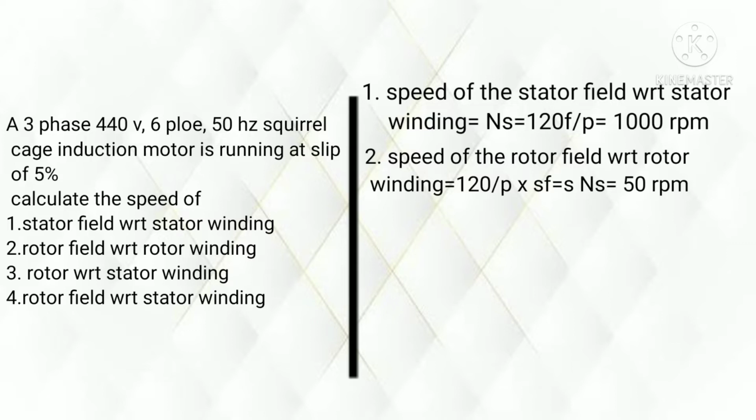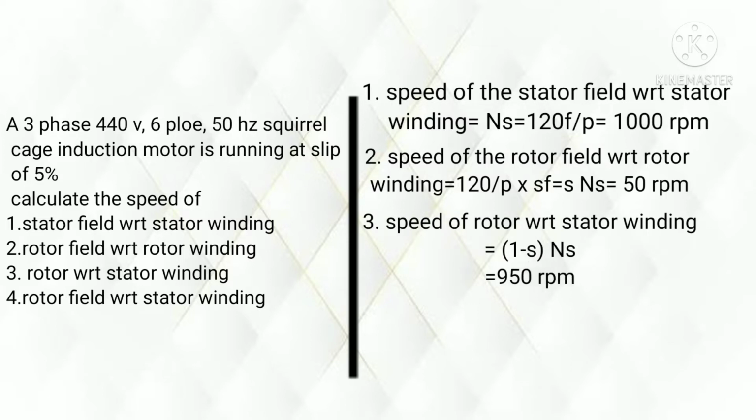So the speed of the rotor field with respect to the rotor winding will be 120 divided by P into sF, that is equal to s into Ns, equal to 50 RPM. Now we are going to calculate the speed of the rotor with respect to the stator winding, that is equal to (1 minus s) into Ns, equal to 950 RPM.